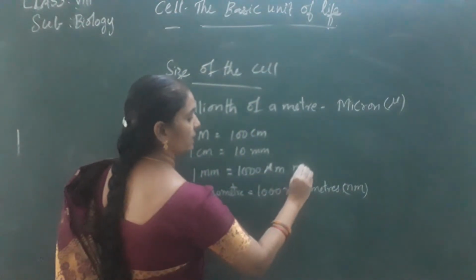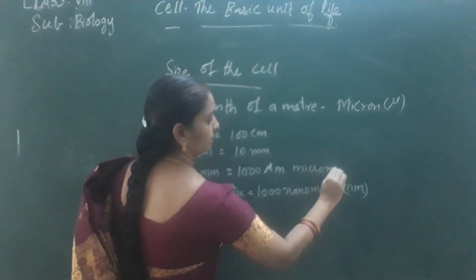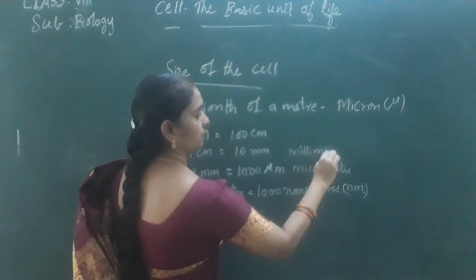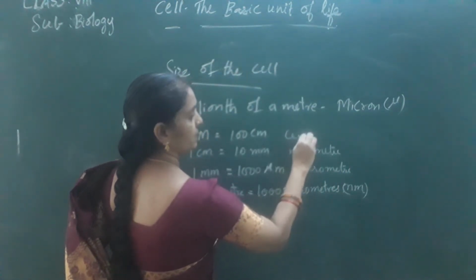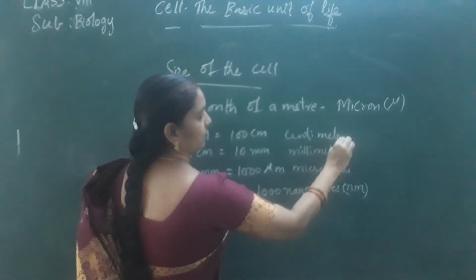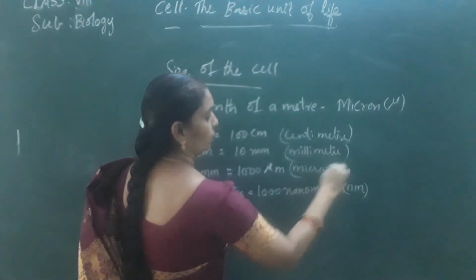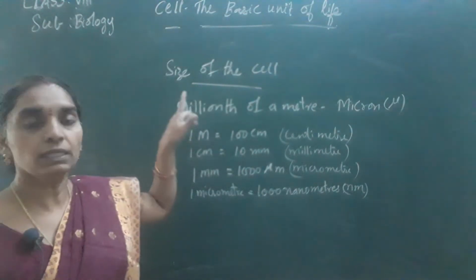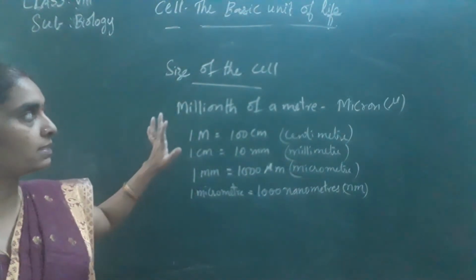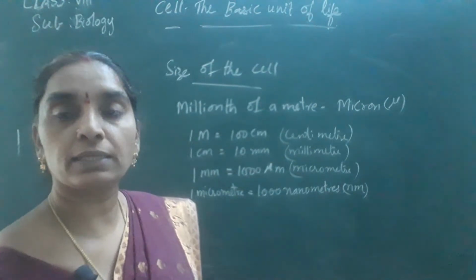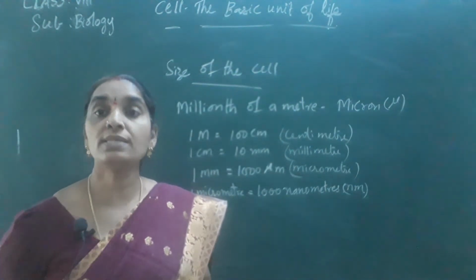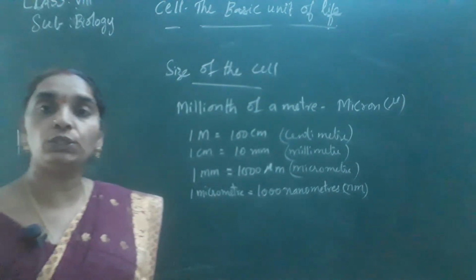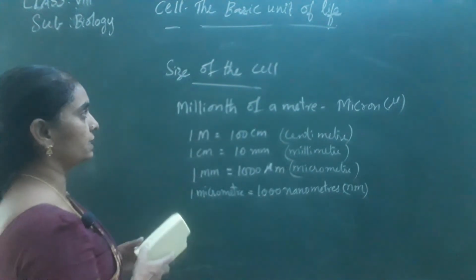This is micrometer, millimeter, centimeter. Note down the units. So 1 millionth of a meter is a micron. Now we'll see the size of the smallest bacteria, which ranges from 0.1 to 0.5 micrometers.